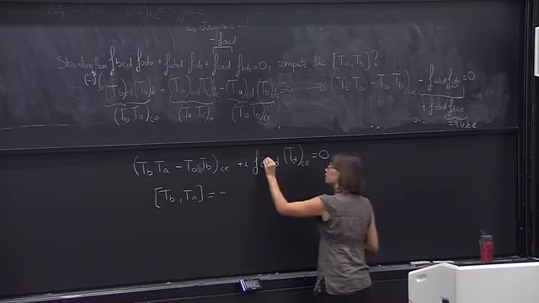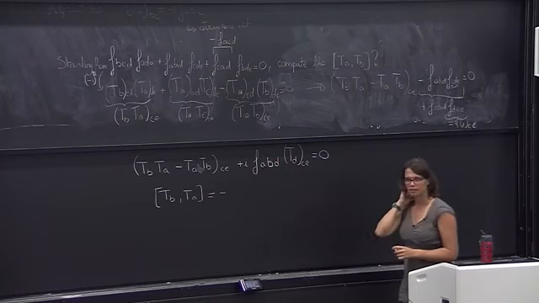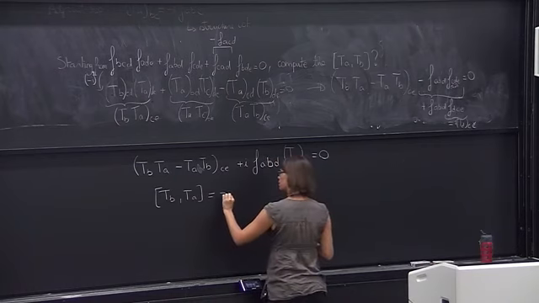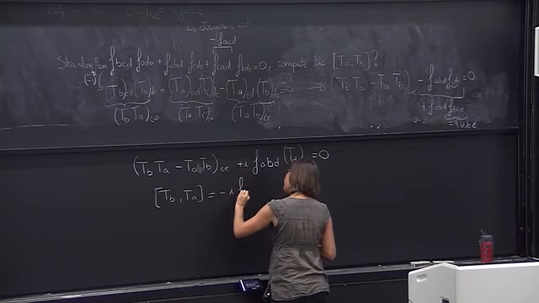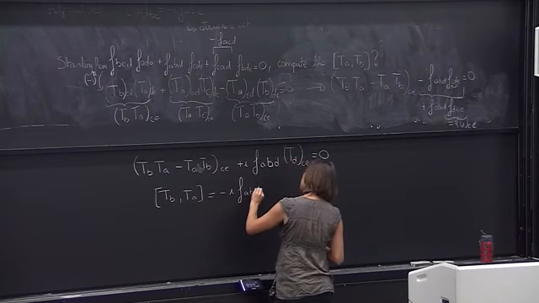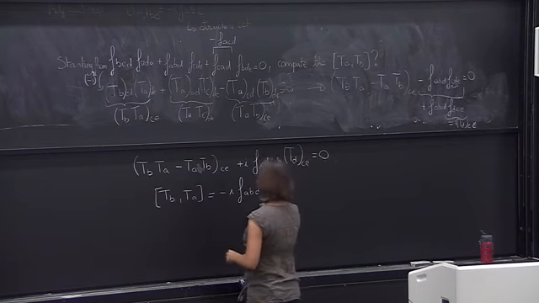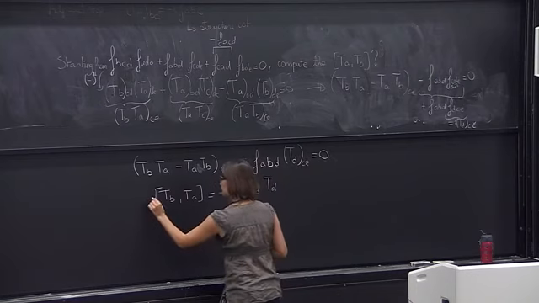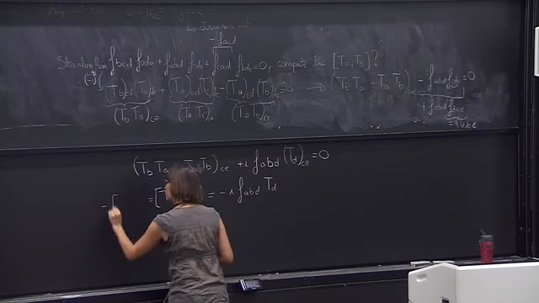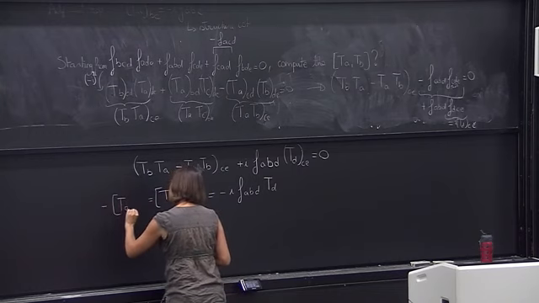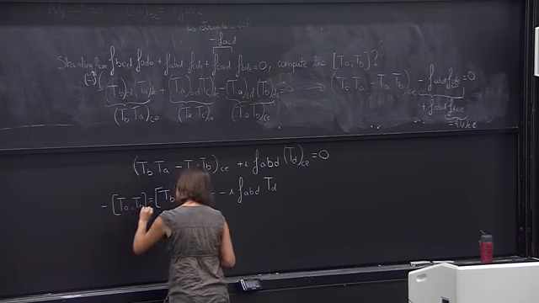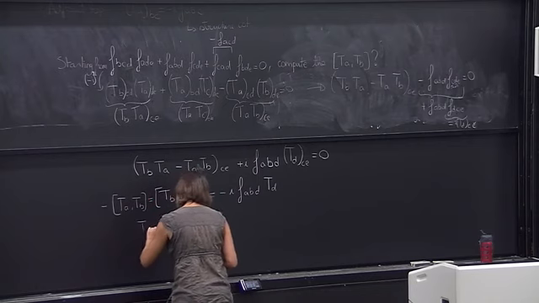Yeah, good. A, B, D, and this is minus I F A B D T D. And if we now rewrite this as minus T A T B, we get the expected result.